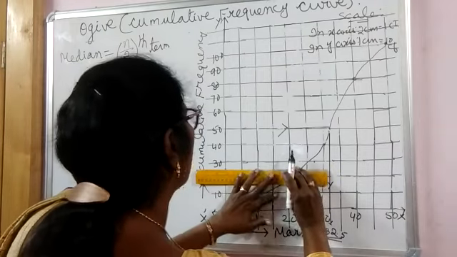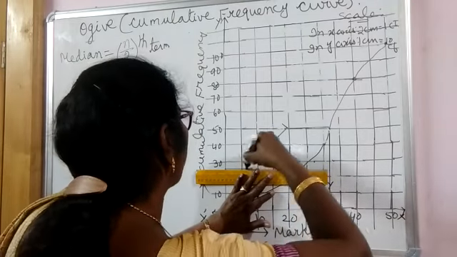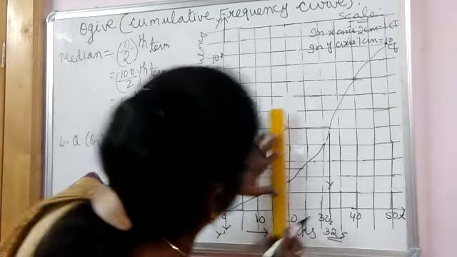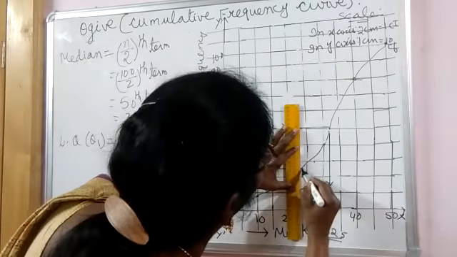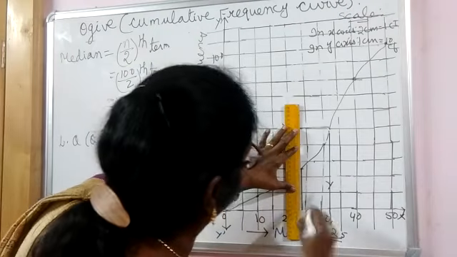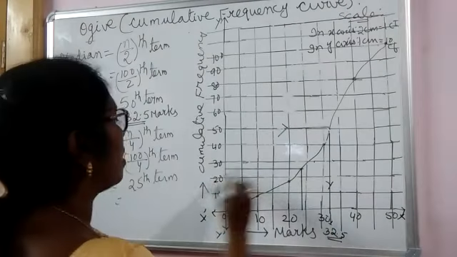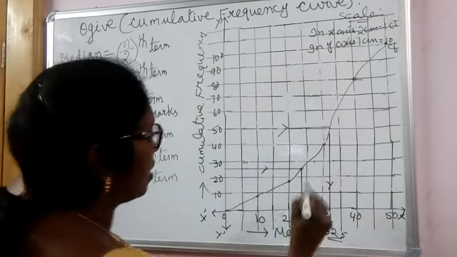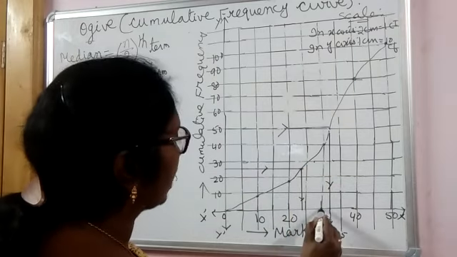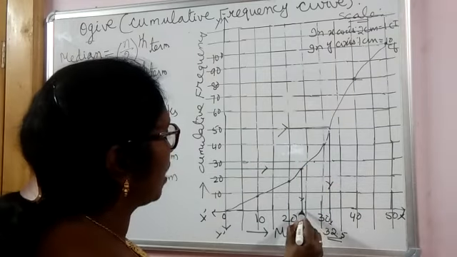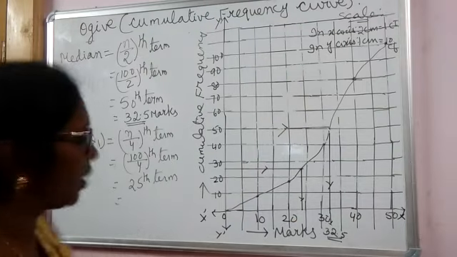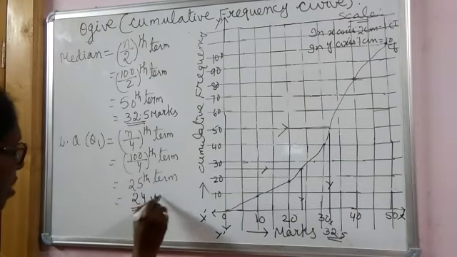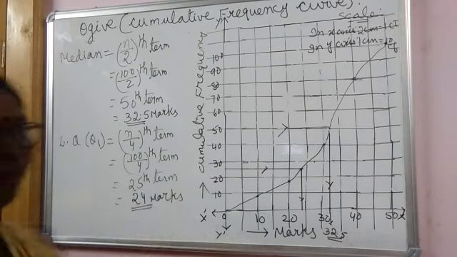Let us draw a horizontal line from 25 to the graph, and from the graph give a vertical line. From here again a vertical line. I got here between 20 and 30, that means for 25, here 24, 23, 24 like that comes. So let me write 24 marks is the lower quartile.